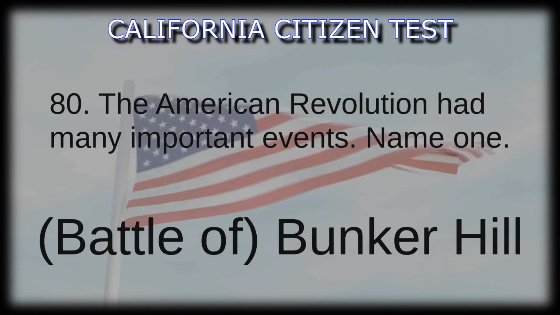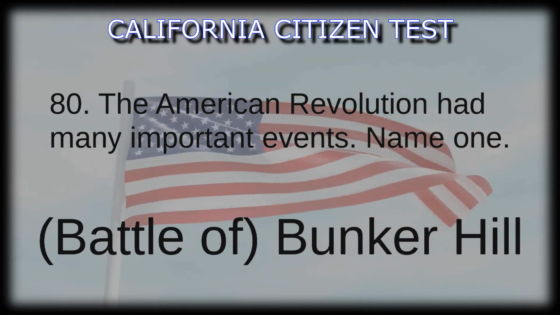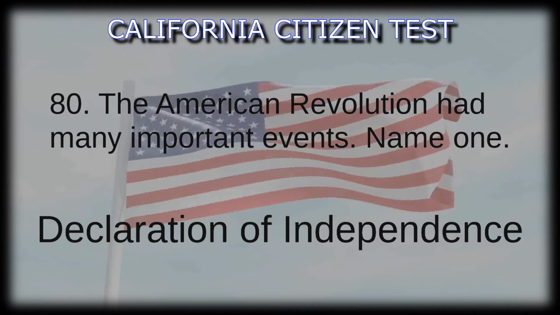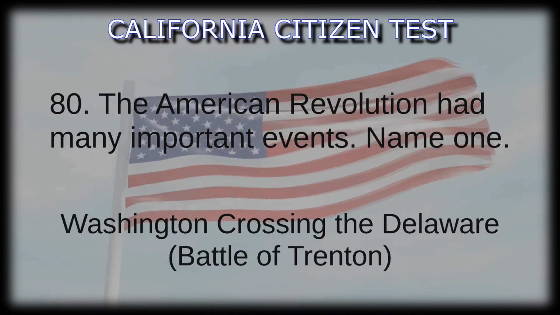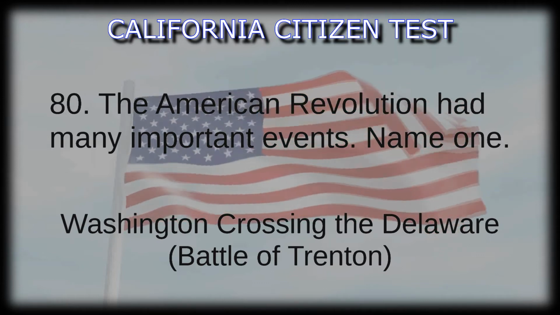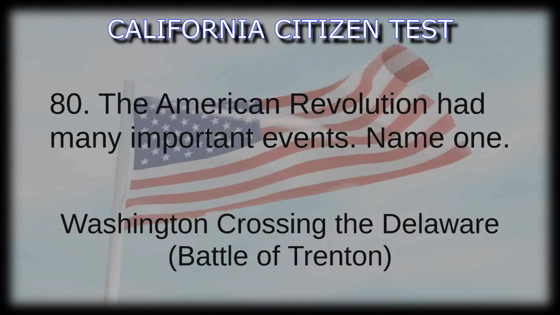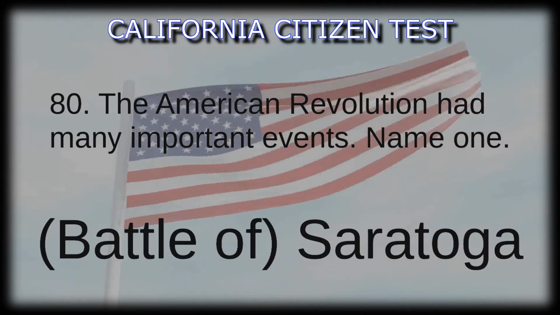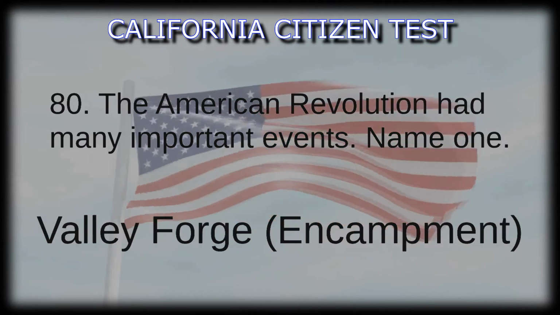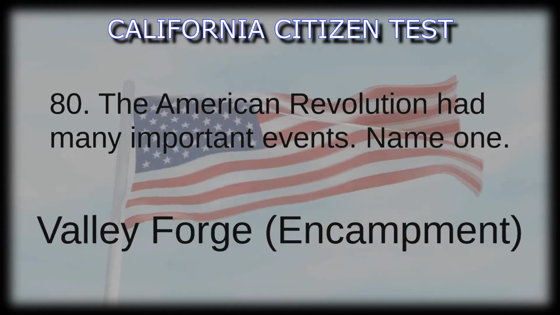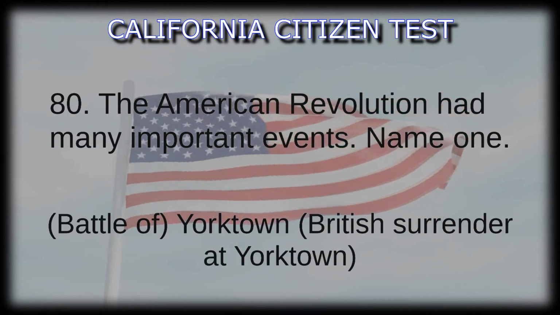Battle of Bunker Hill. Declaration of Independence. Washington crossing the Delaware, Battle of Trenton. Battle of Saratoga. Valley Forge encampment. Battle of Yorktown, British surrender at Yorktown.